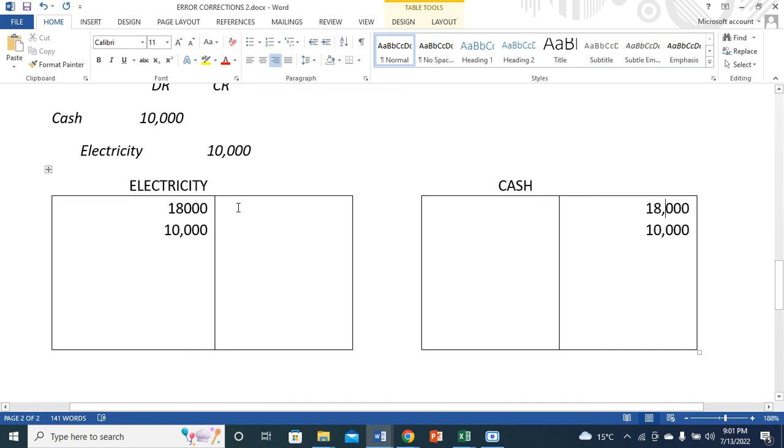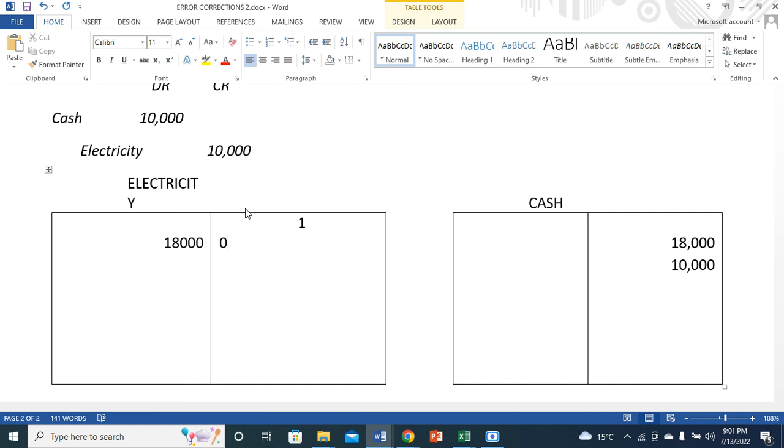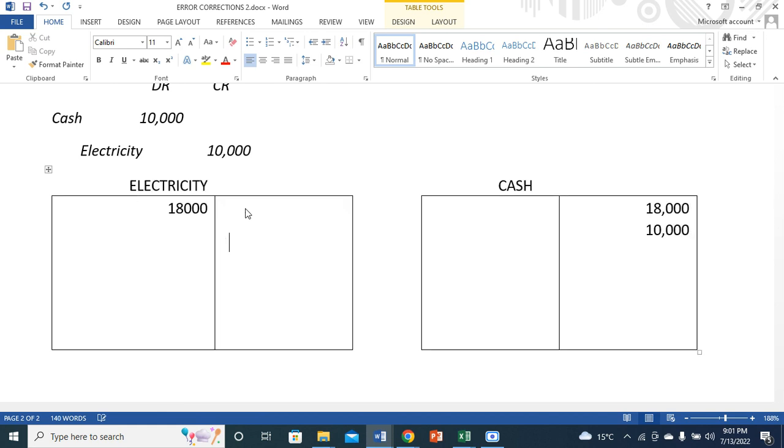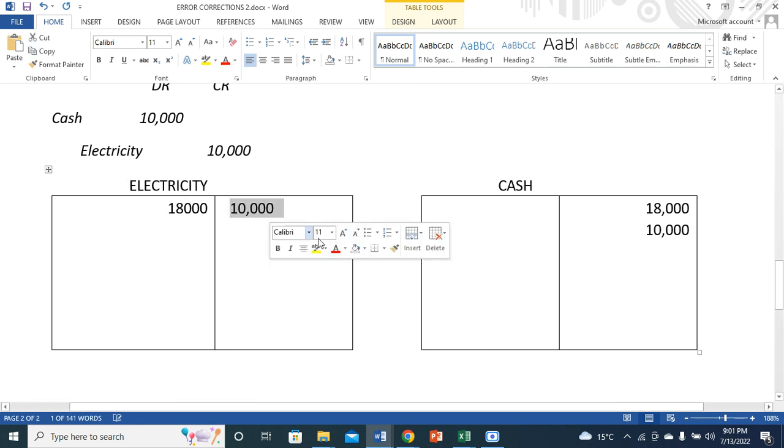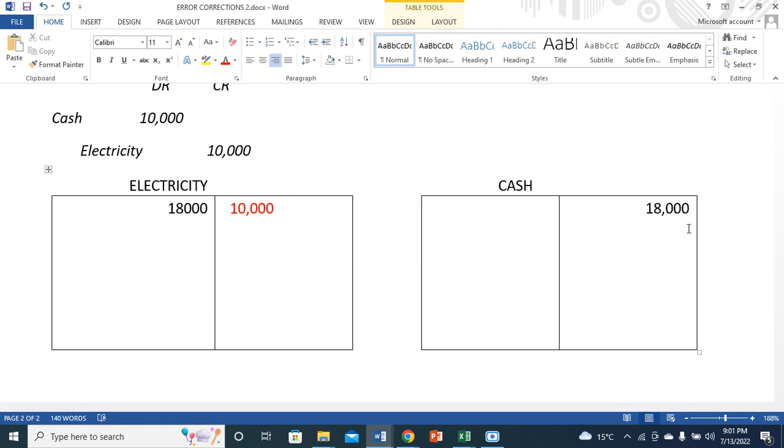So we debited cash 10,000 and electricity we credited 10,000. So here credit 10,000 and cash was debited 10,000.